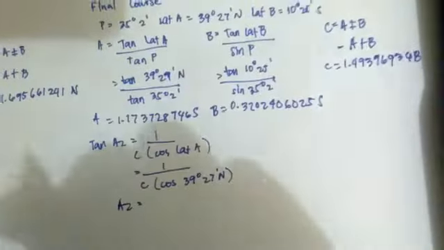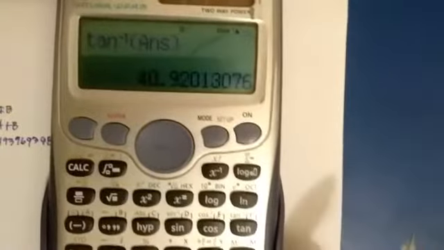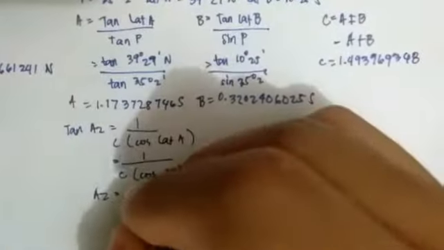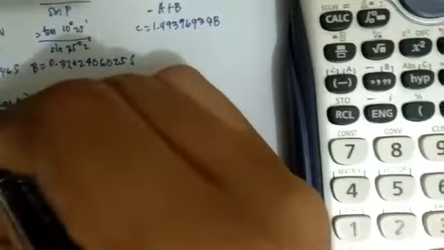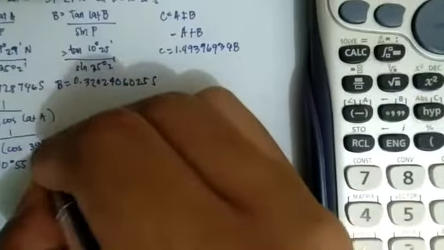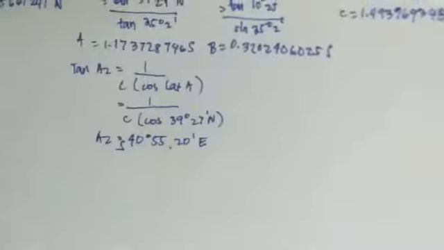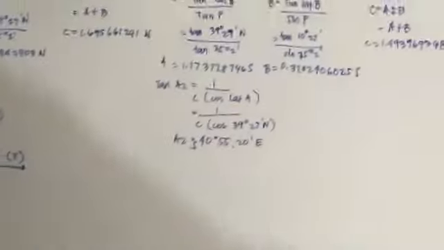So shift tan and the answer. We will get our final degrees of 40 degrees and 55.20 minutes southeast.